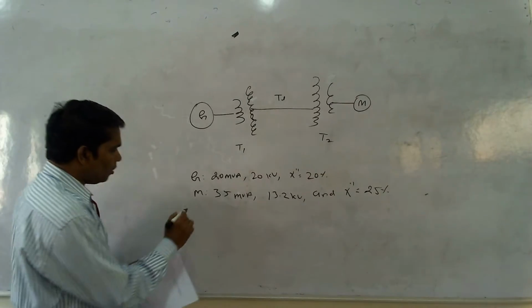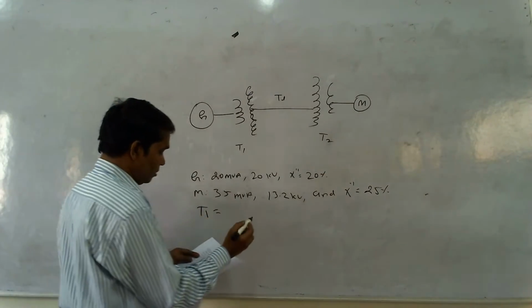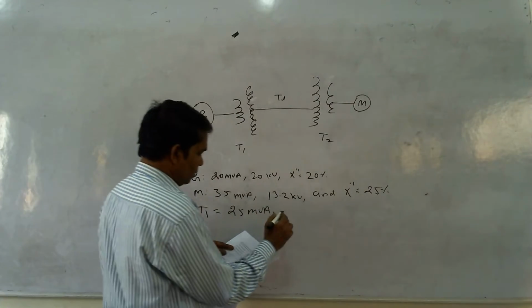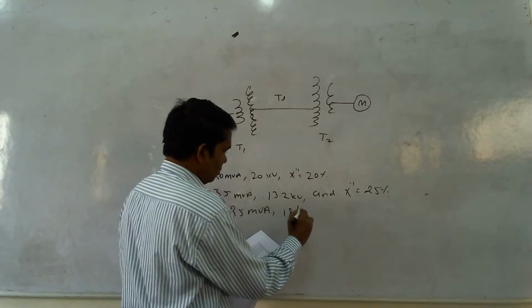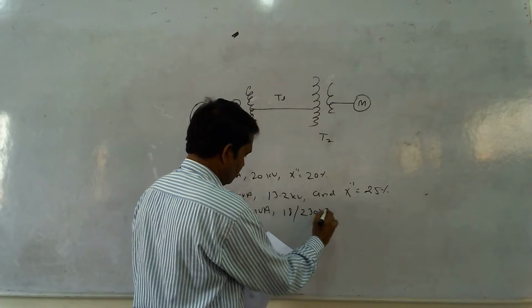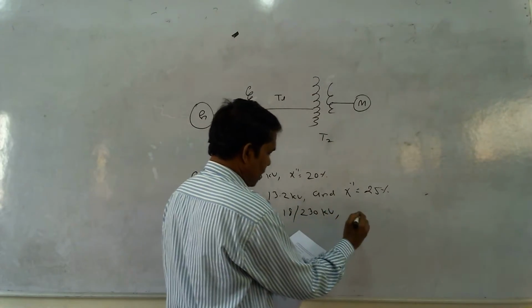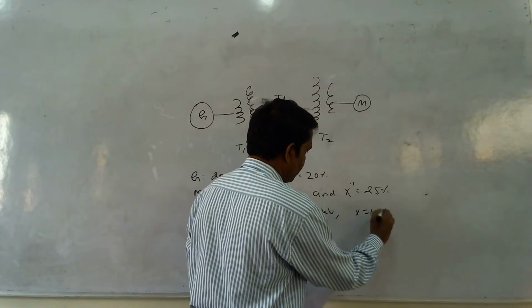Transformer 1 has 25 megavolt ampere, 18 kilovolt to 230 kilovolt, and reactance of 10%.